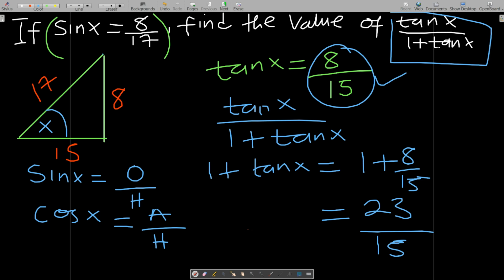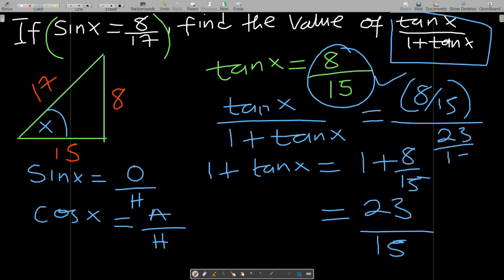I hope you get it. So we come to this equation and put everything there. Tan x is 8 over 15, over 1 plus tan x, which is 23 over 15. So this is what you are supposed to simplify.